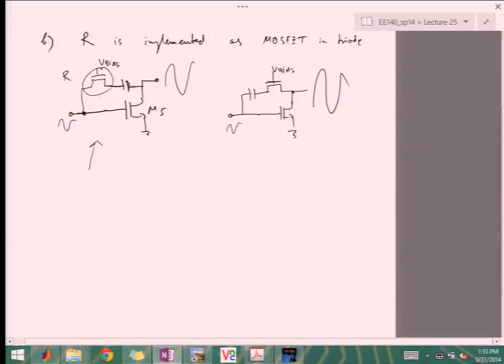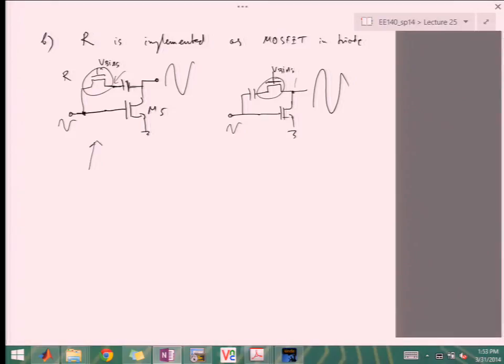So over here, that voltage is not always hitting this node. So it's a little bit more shielded from the large swings at the output. Over here, it is directly hitting this node. So the resistance of this guy will vary a little bit more, right?